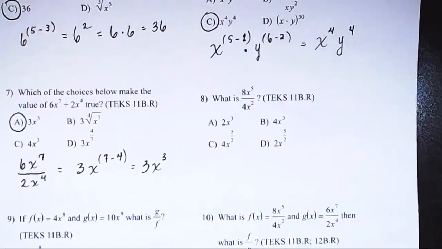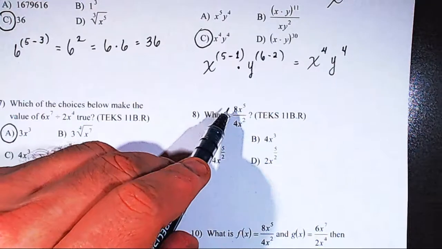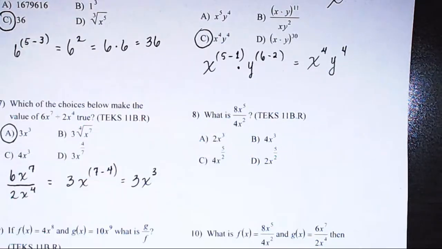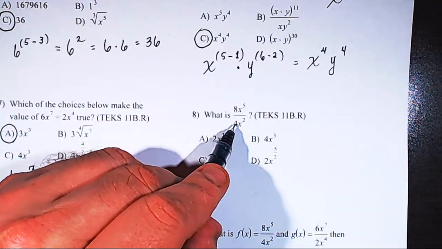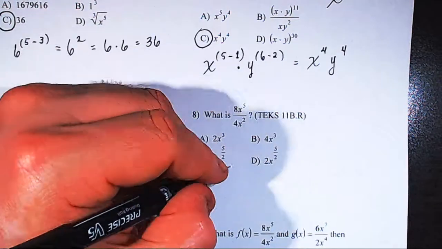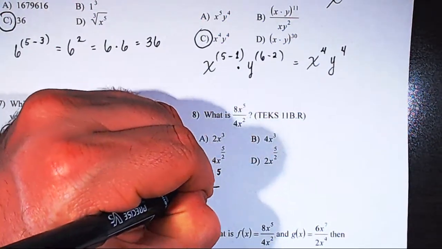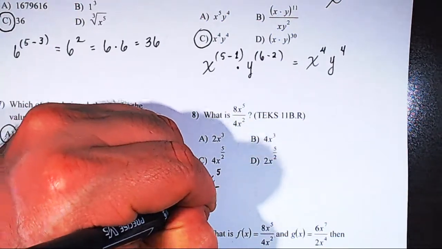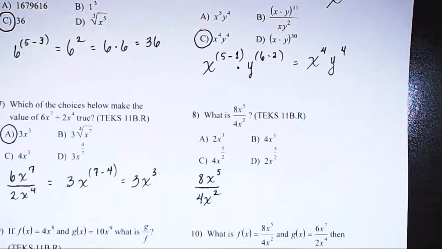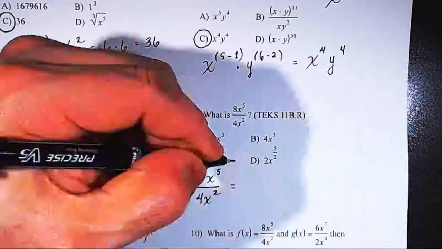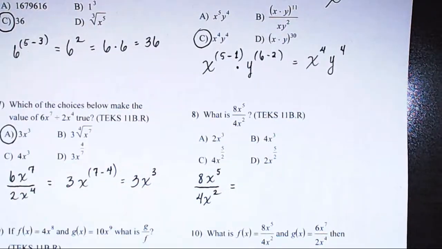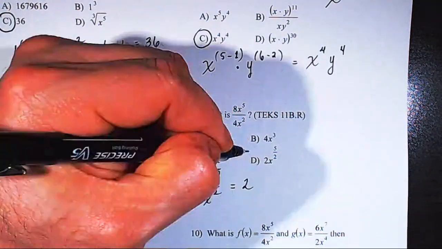Number 8. What is 8 times x raised to the 5th power divided by 4 times x raised to the 2nd power? Again, we'll write it out. 8x raised to the 5th divided by 4x raised to the 2nd equals 8 divided by 4, which is 2.